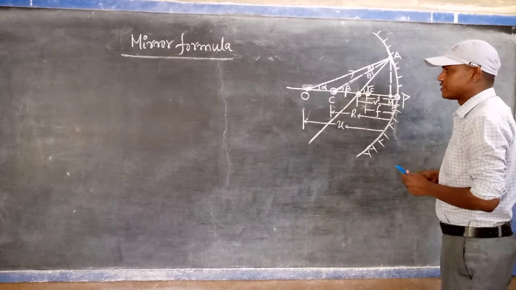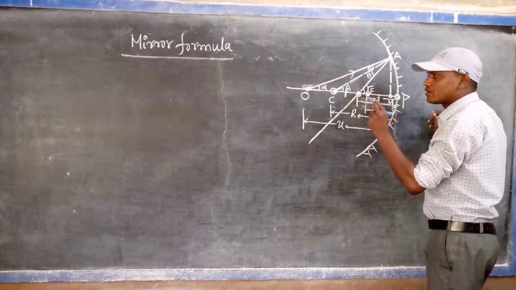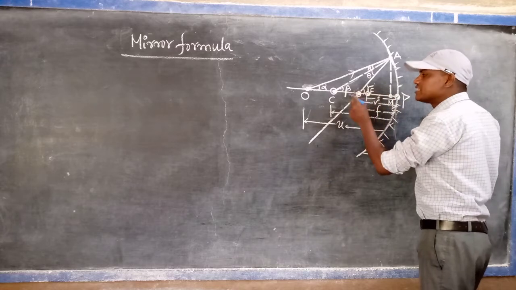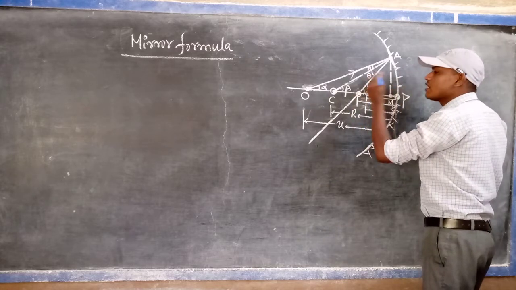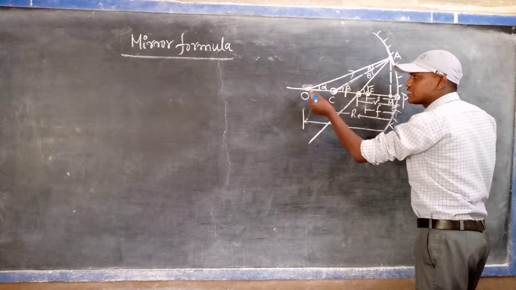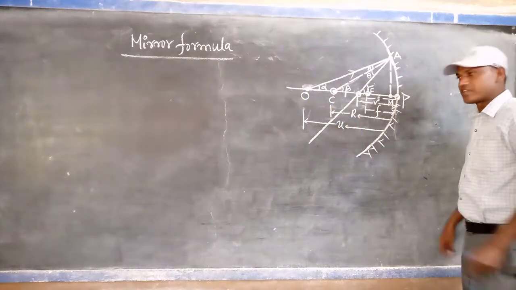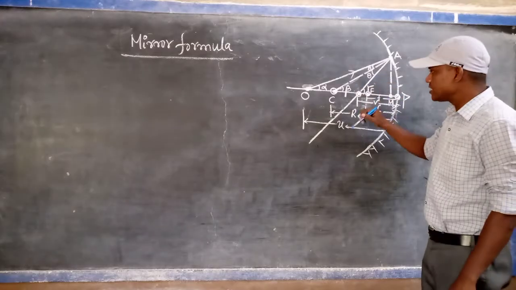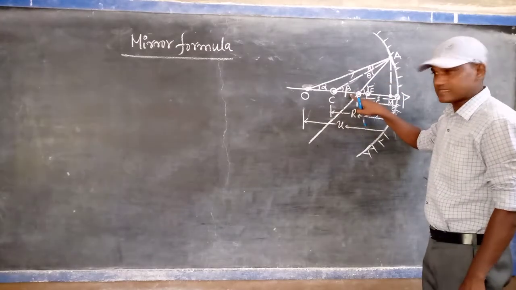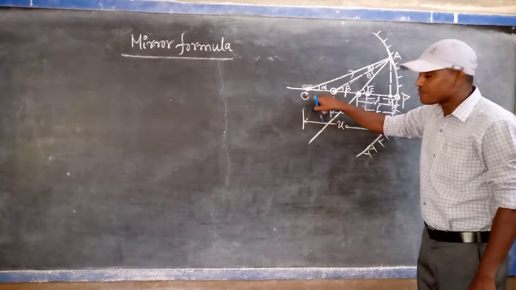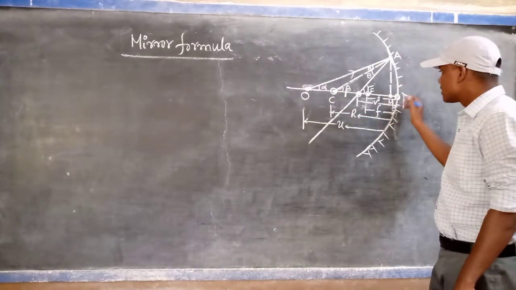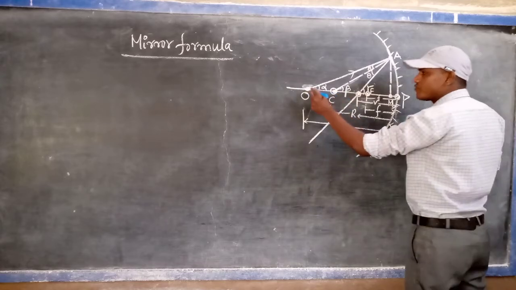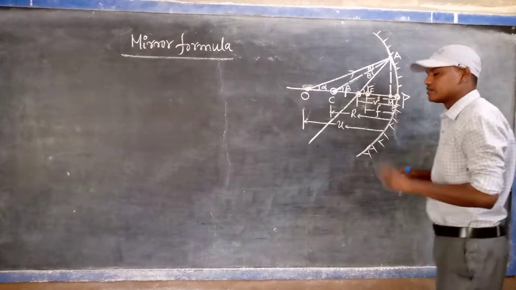Now we can take a point object. The object is placed in front of the concave mirror, on the principal axis, beyond the center of curvature. Listen very carefully. From this object we consider two rays.